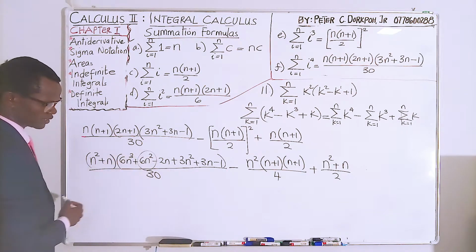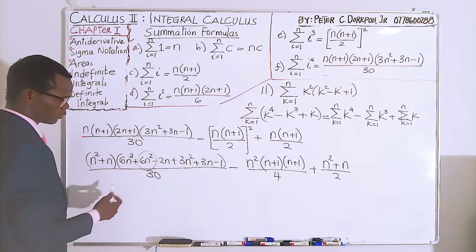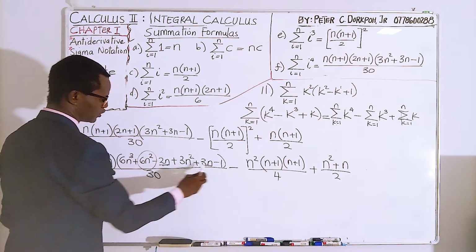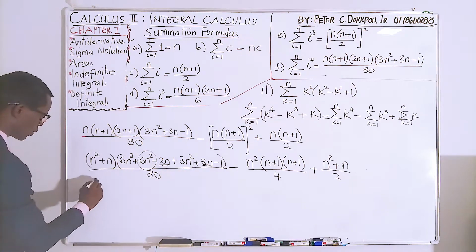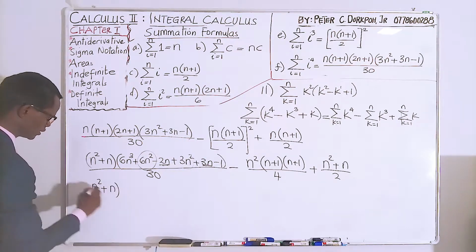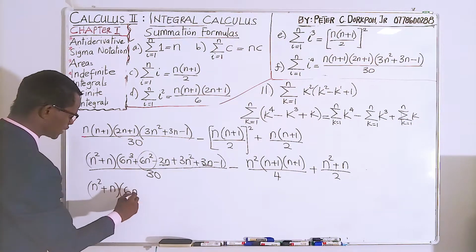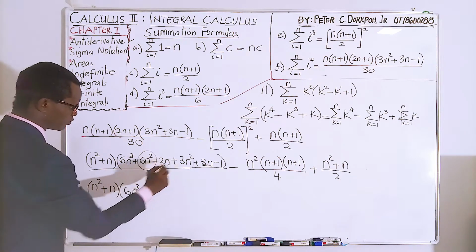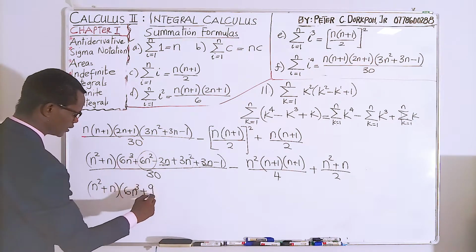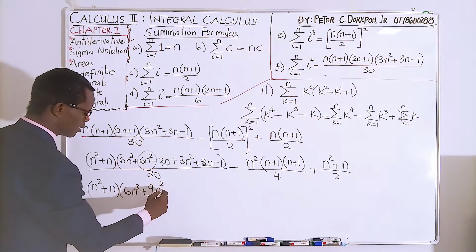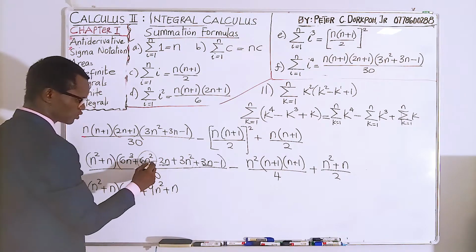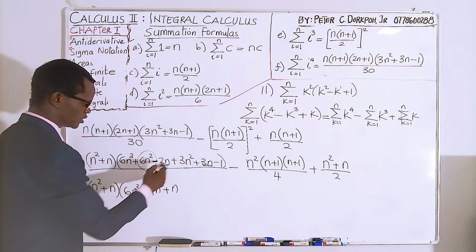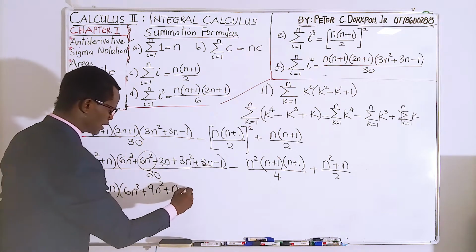You have 6n squared, 3n squared, minus 2n, and positive 3n. So n squared plus n times 6n cubed plus 6n squared plus 3n squared is 9n squared plus n, because minus 2 plus 3 is just plus n. You take 2 from 3, minus 1.